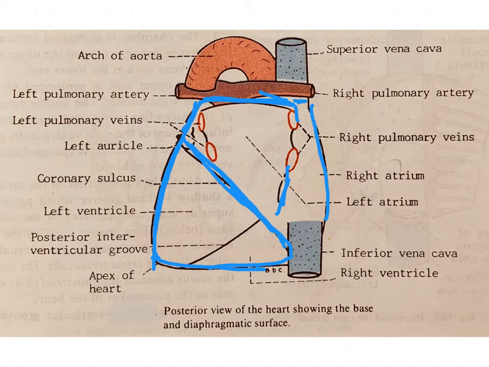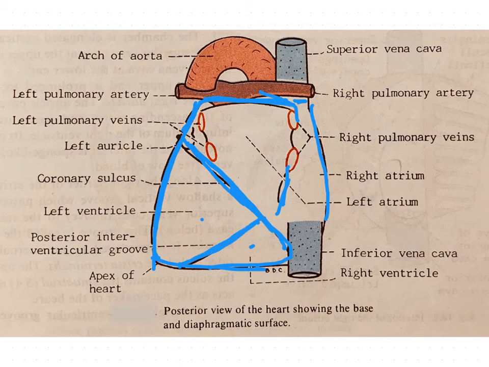This part of the heart rests on the central tendon of the diaphragm, and this surface is formed in its left 2/3 by the left ventricle and in its right by the 1/3 of the right ventricle. Okay, and these are separated by a groove called the posterior interventricular groove, which is directed downwards and slightly backwards.